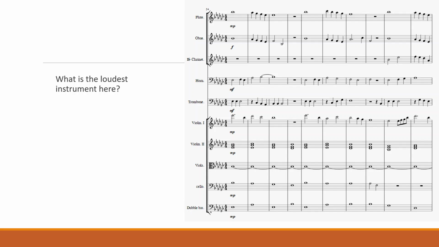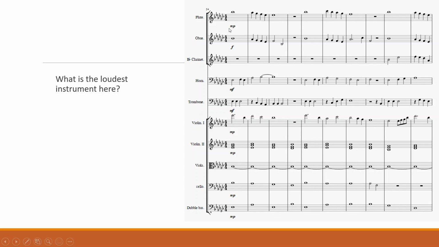So with this in mind, what instrument is the loudest here? Usually, when we looked at sheet music, we looked at only one or two lines. But this is an orchestral score, from one of my own noob compositions, but we can use it for theory. For those who have never seen it, this is a full score of lots of different instruments: flute, oboe, clarinet, horn, trombone, some strings, all played at the same time, and then in the next measure it all goes together.